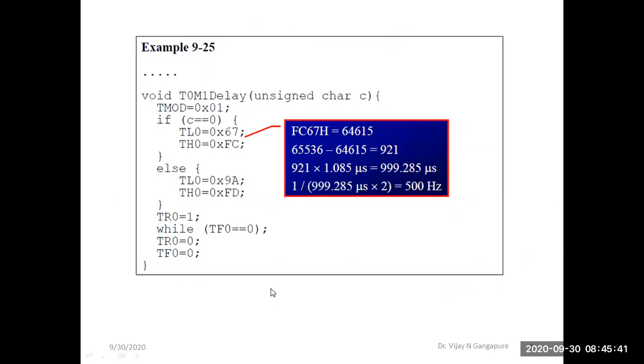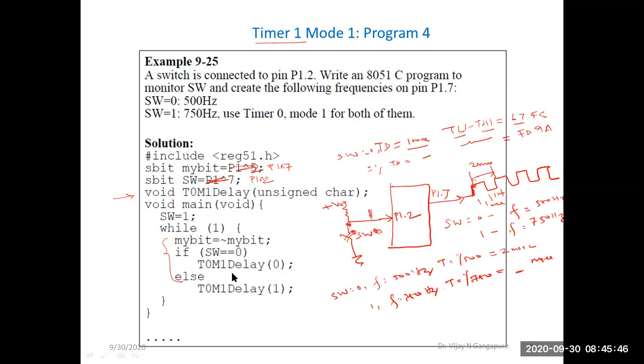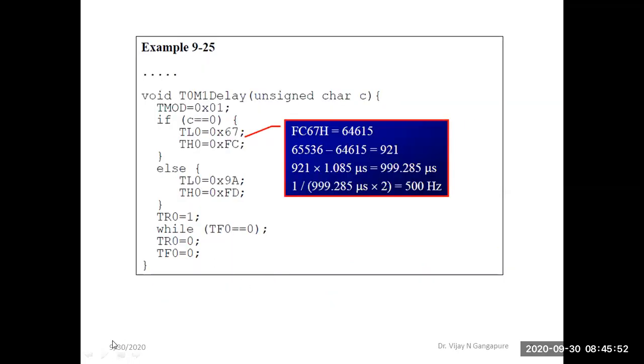Now see, when this function is called, the same function is called, only the value we are passing differs. If switch is 0, I am passing 0. If switch is 1, I am passing 1. Now control will come here. TMOD is equal to 0x01, I'm configuring the timer.